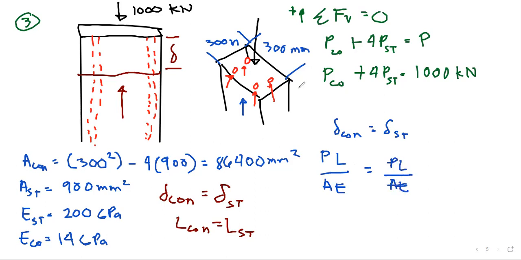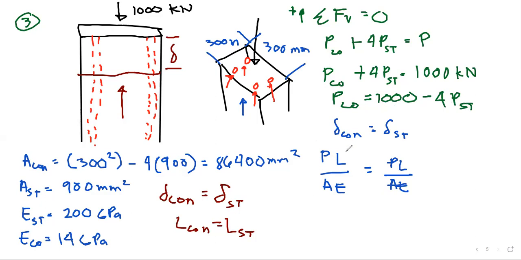Here we equate. The vertical forces can be rearranged so that there is only one unit. So we can say that P concrete is equal to 1,000 minus 4 P steel, and we can substitute this for the concrete force.